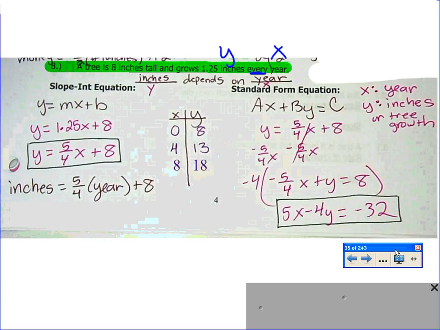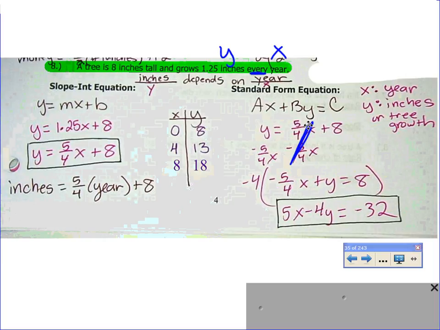So to get this to the other side, you have to subtract it. You're still following the same rules as solving an equation. So the opposite of addition is subtraction. You with me on how to move that? Subtract that from both sides. It cancels here, Melissa. So you're left with negative 5/4 x plus y equals 8.